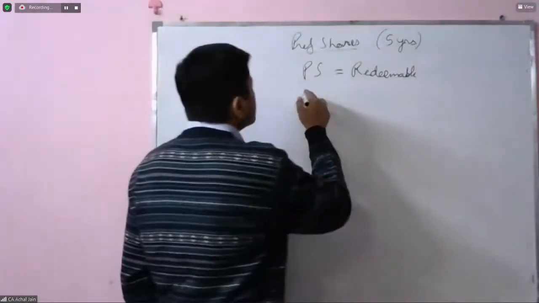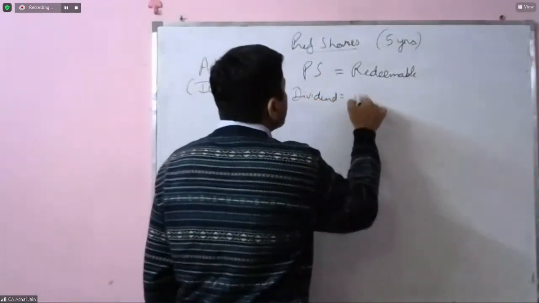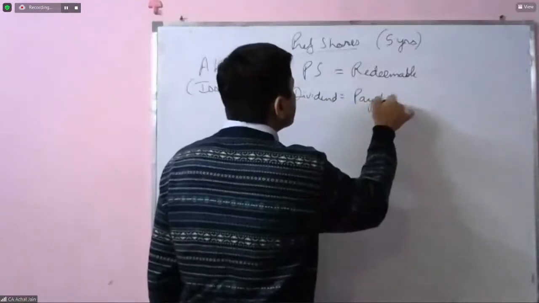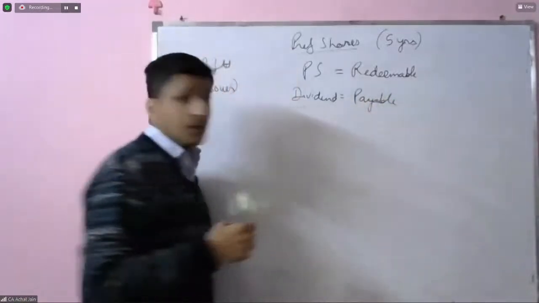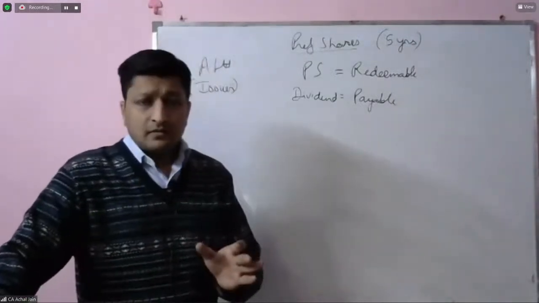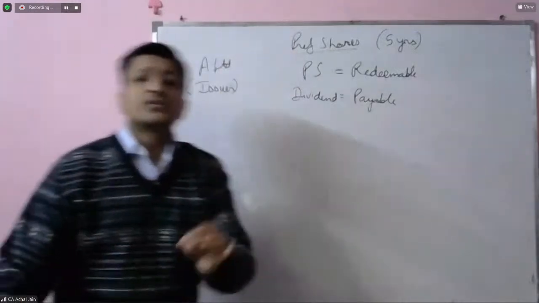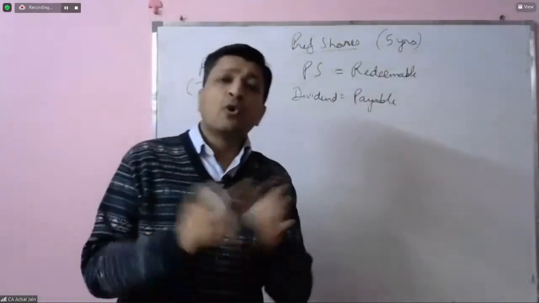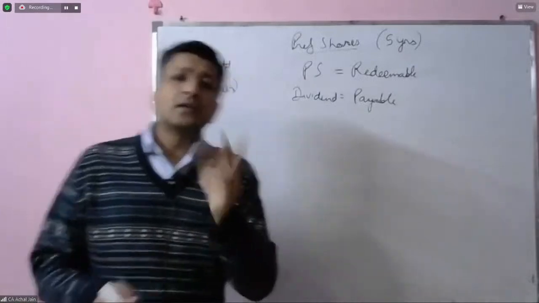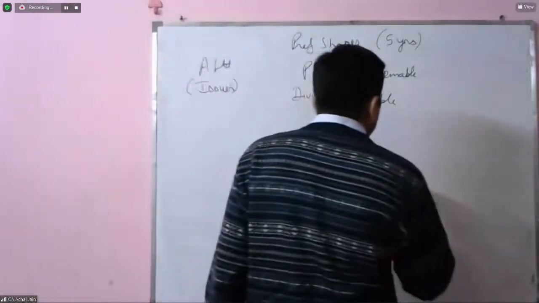Now, in this case, let's suppose dividend is also payable. The way we assess whether this instrument will become a financial liability or equity is always by looking at the two components, principal and interest.